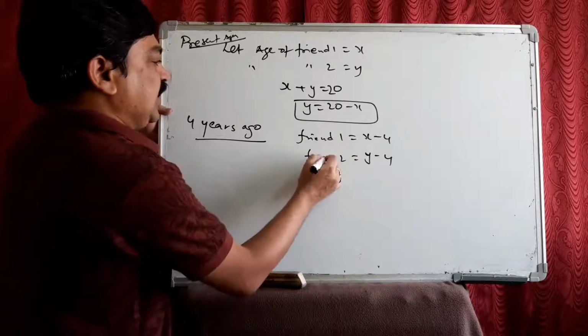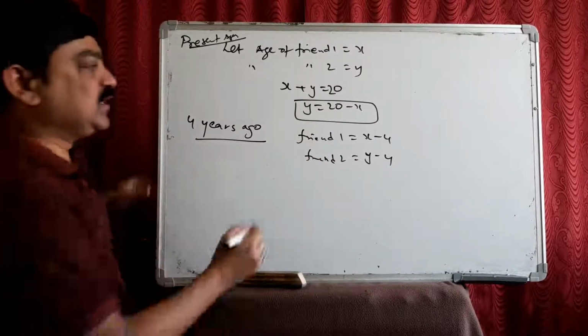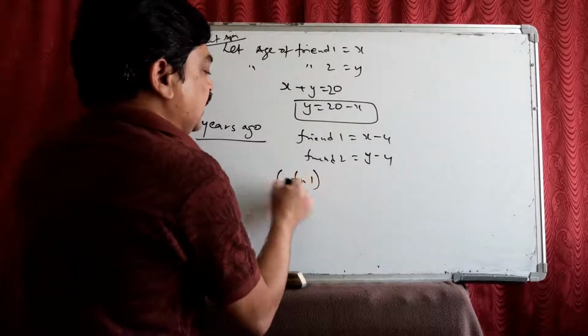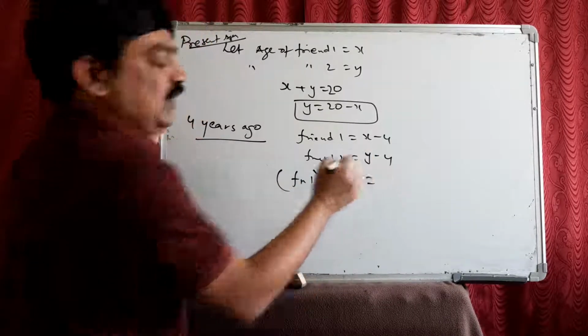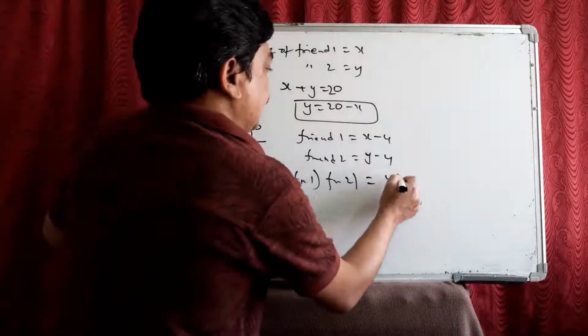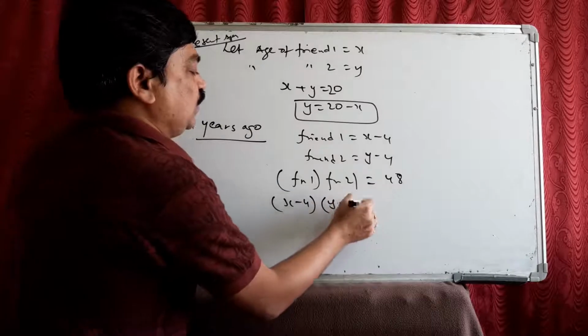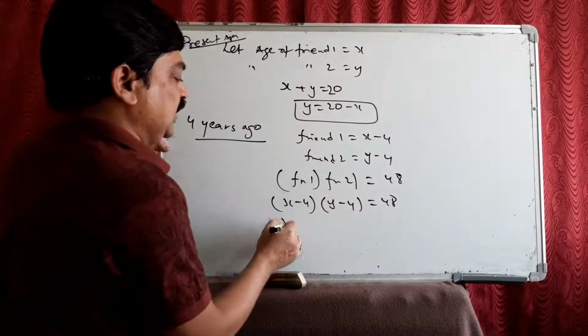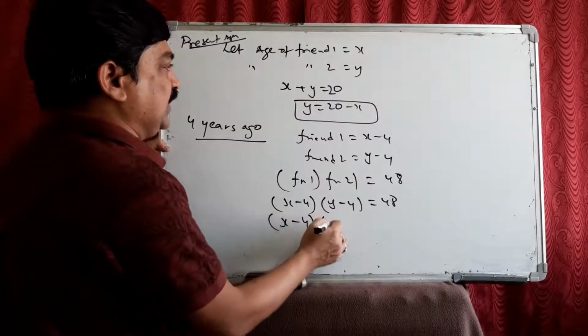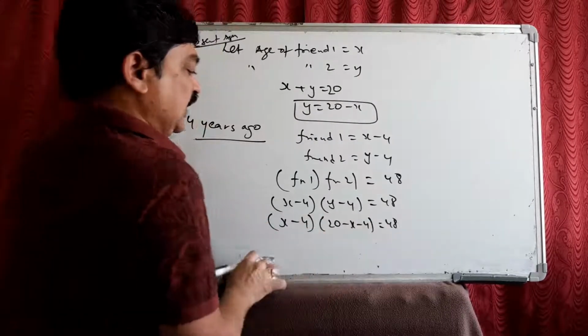So what did he say? 4 years ago, the product of their ages, friend 1 into friend 2, is equal to 48. That means x minus 4 into y minus 4 is equal to 48. So x minus 4 into 20 minus x minus 4 is 48.